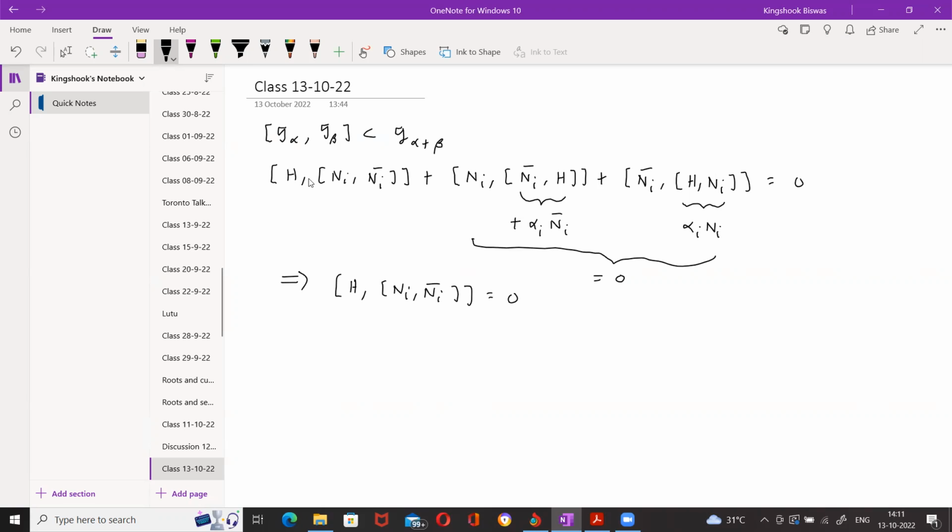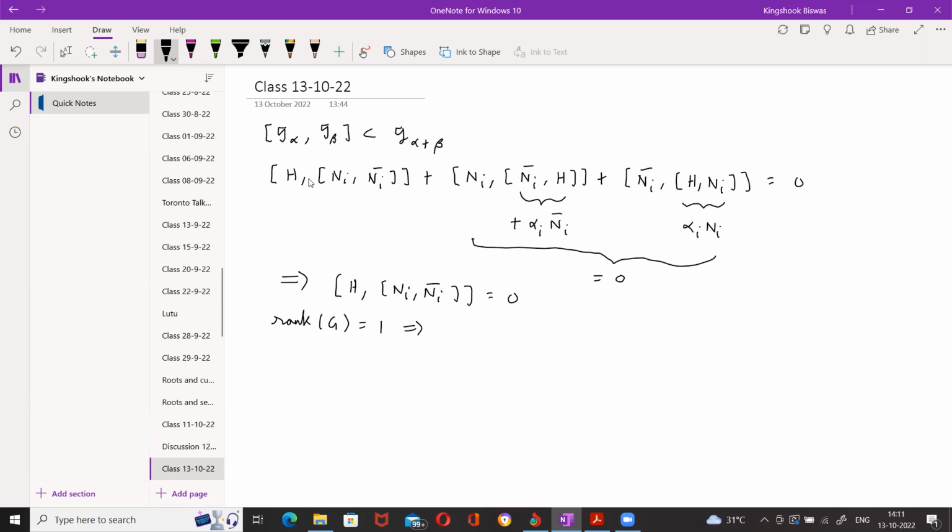And now we use the fact that the rank of G is 1. So we're in a rank 1 symmetric space. In a rank 1 symmetric space, the centralizer of H is just H itself.